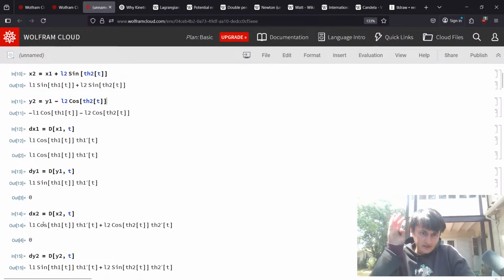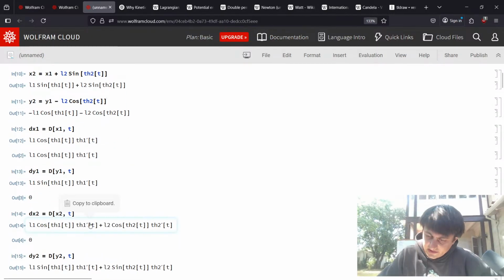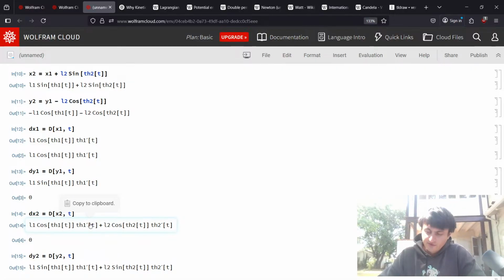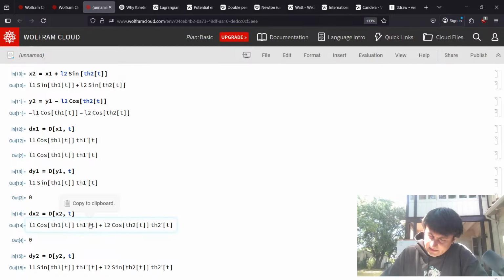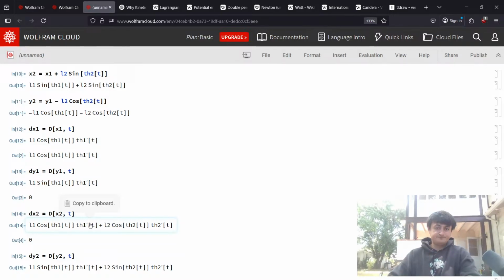So x2 dot is equal to x1 dot plus L2 cos theta 2 of t theta 2 dot of t. y2 dot is equal to y1 dot plus, this is going to be a plus, L2 sine theta 2 of t theta 2 dot of t. Great.